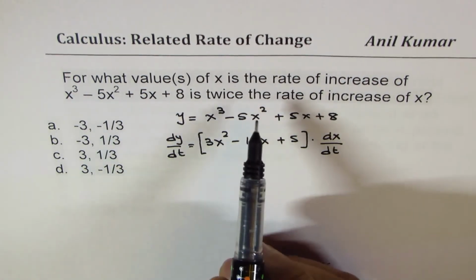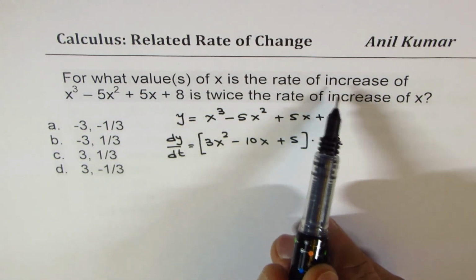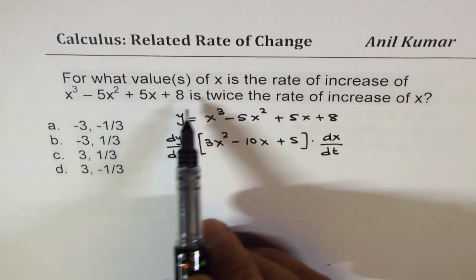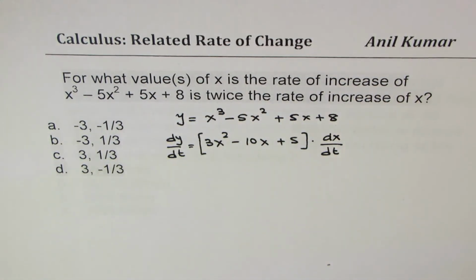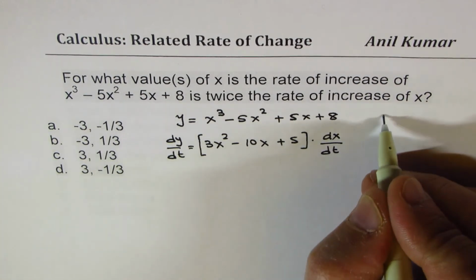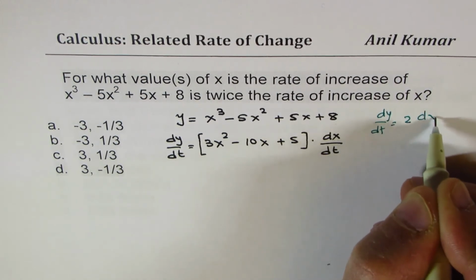The question is, for what values of x is the rate of increase of this, that means the y value, twice the rate of increase of x? That is to say, we have to find when dy/dt is twice dx/dt.